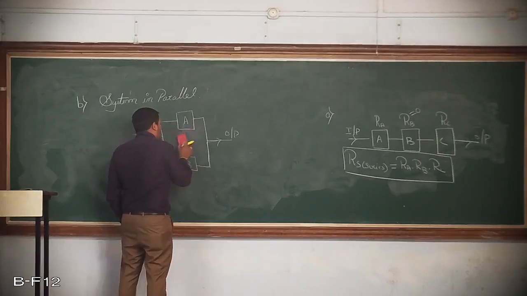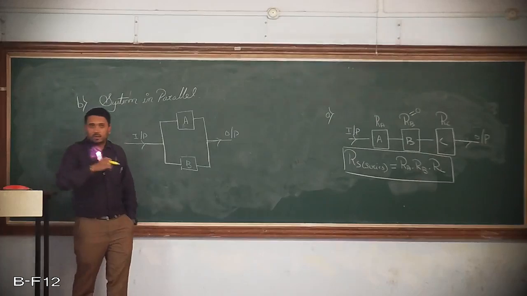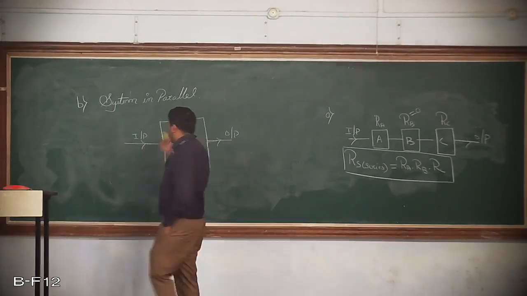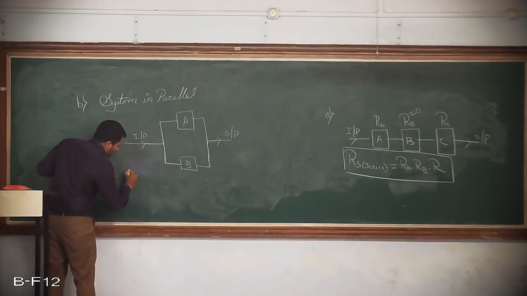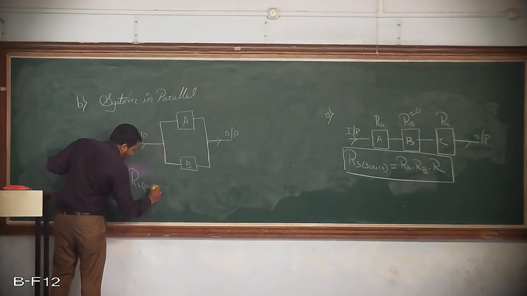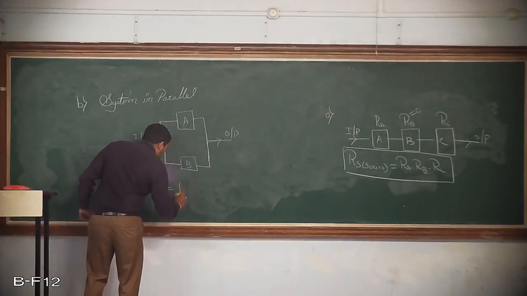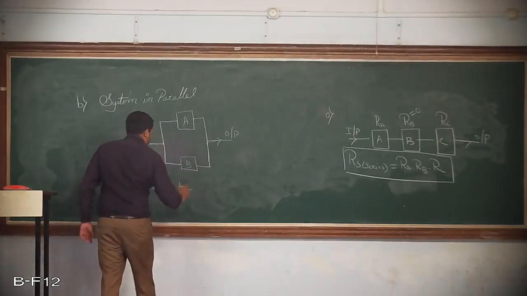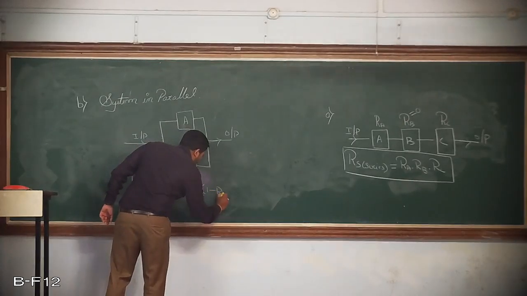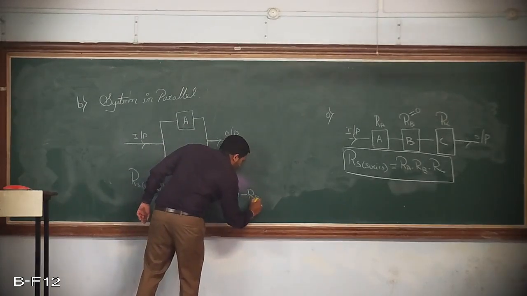Hence, we can say that the reliability of a system when the parts are connected in parallel is more compared to the reliability of the system when the parts are connected in series. The reliability of a system connected in parallel is given as 1 minus the product of (1 minus RA) into (1 minus RB).